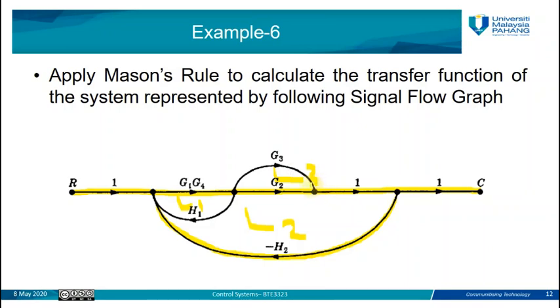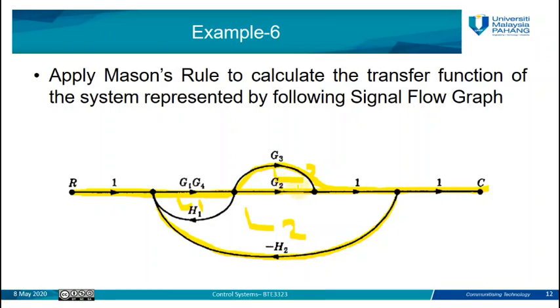For delta 2, it is related to forward path number 2. Forward path number 2 starts from R, goes to this point, goes through G3, and then to the output. This forward path, P2, touches loop number 1, loop number 2, and loop number 3.